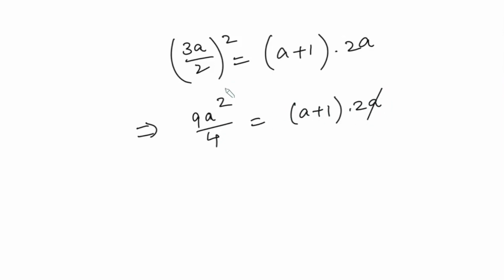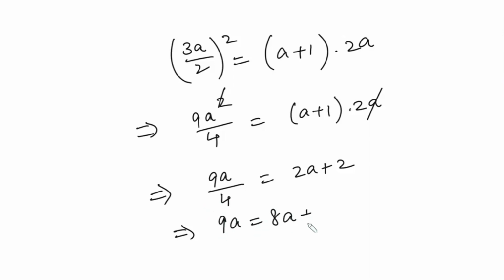We can cancel out one A. So we have 9A over 4 is equal to 2A plus 2. And if you multiply both sides by 4, we'll get 9A is equal to 8A plus 8. And from here, we get the value of A is equal to 8.